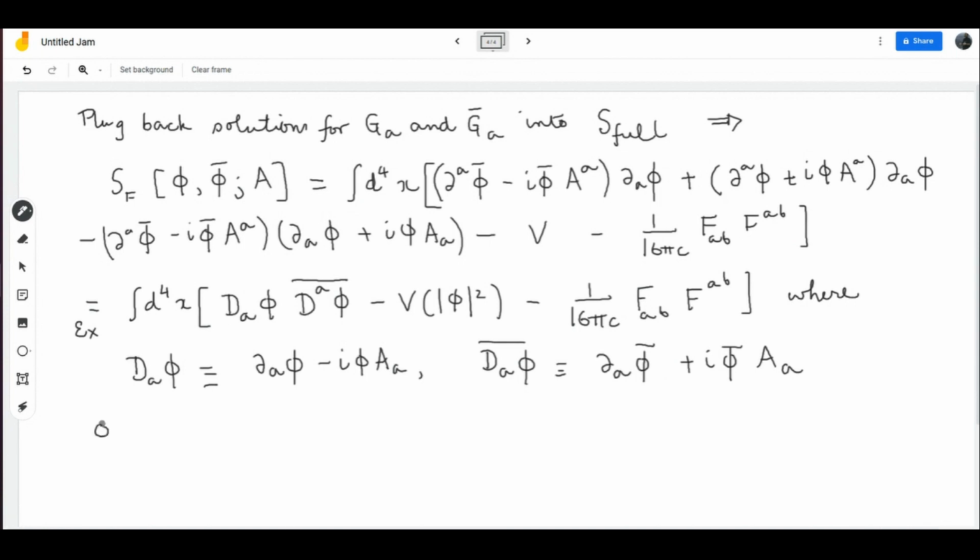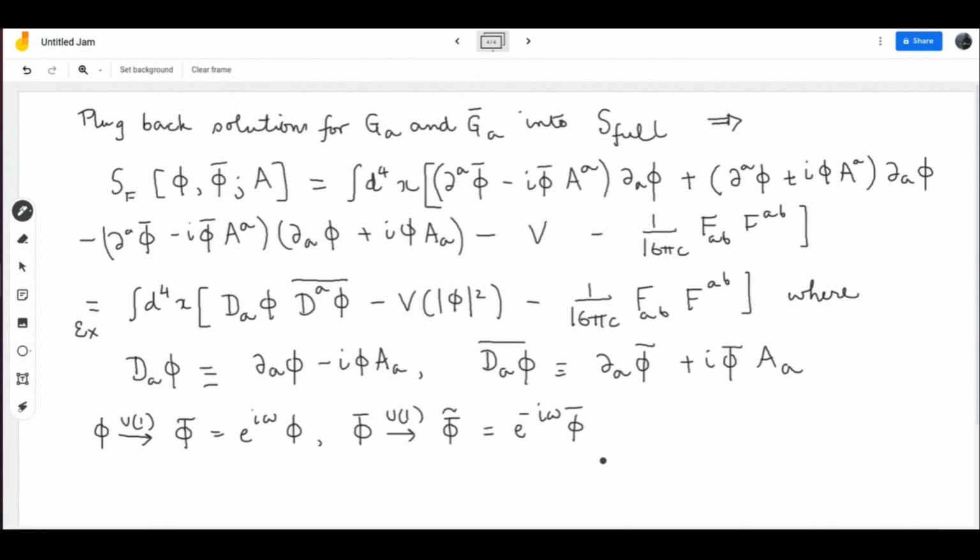The U(1) symmetry meant that phi went into phi tilde, which was e to the i omega phi, and phi bar under the U(1) symmetry went into phi bar tilde, which, because it's the complex conjugate, was e to the minus i omega phi bar.